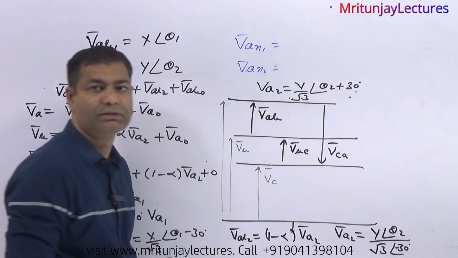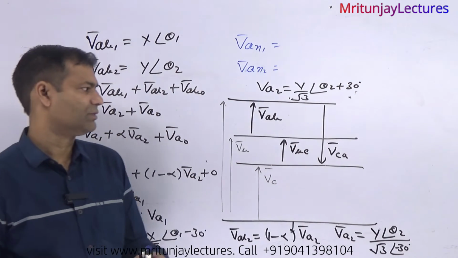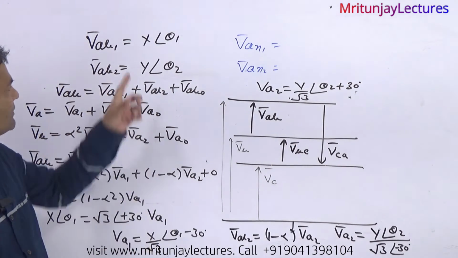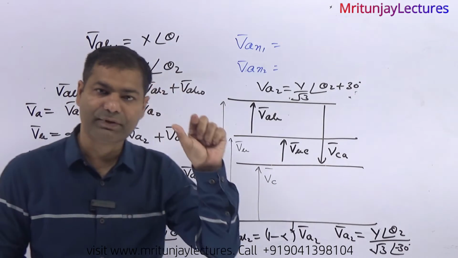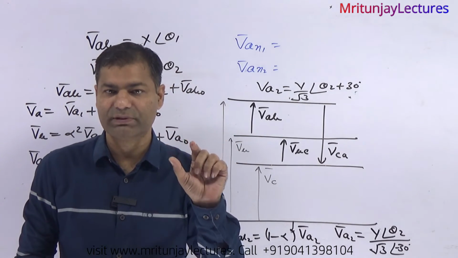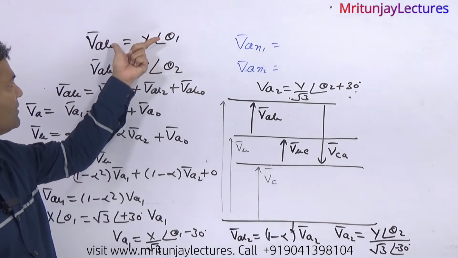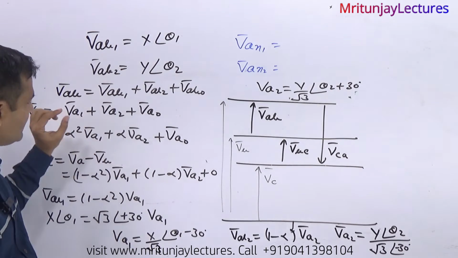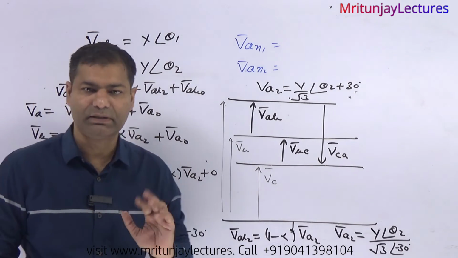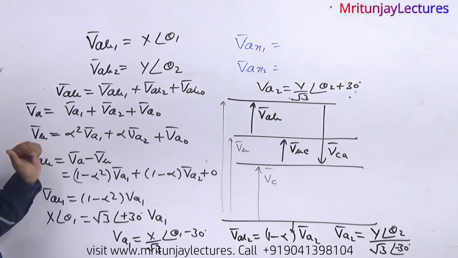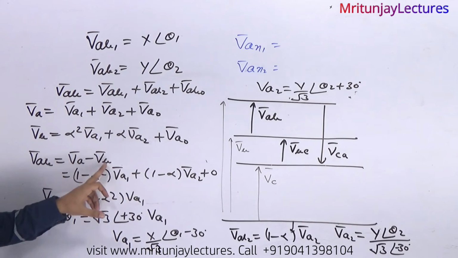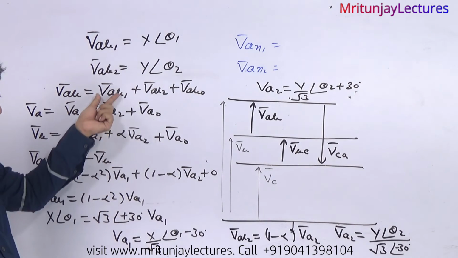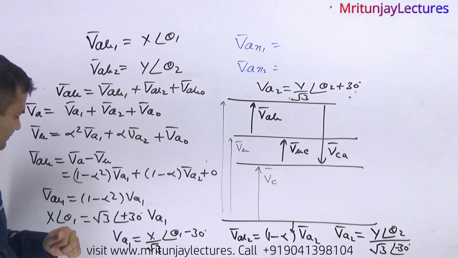Clear or not? So first of all, what about given line voltage of phase, line voltage of positive sequence and negative sequence are given like this one. So we are focused on VA and VB. VA and VB are given. So V of AB is equal to VA minus VB, and this one compared to this one, and this one compared to this one.